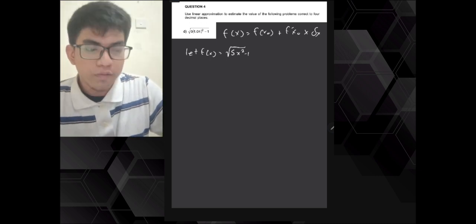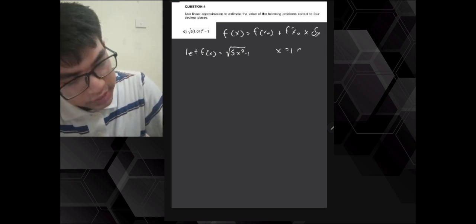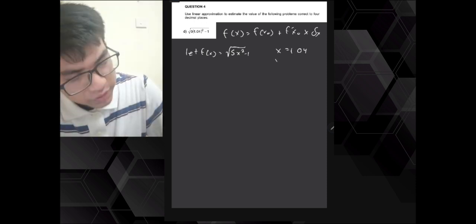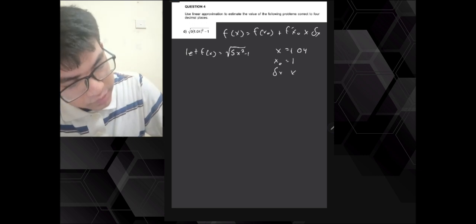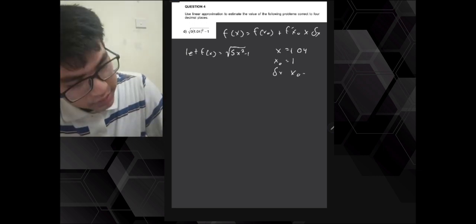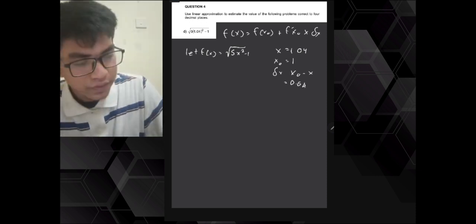From this, what we can take is the given, which is x equals 1.04, the chosen x naught, which is 1, and dx, which is x minus x naught, we will get 0.04.